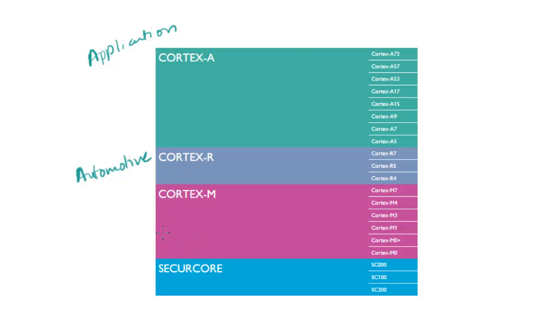Then we have the Cortex M series, and this is a typical microcontroller. It has features greater than, say, the ATmega328 that is used on Arduino, and less than the application processors or the real-time processors. Typically these are the controllers that you would use in a lot of your applications.